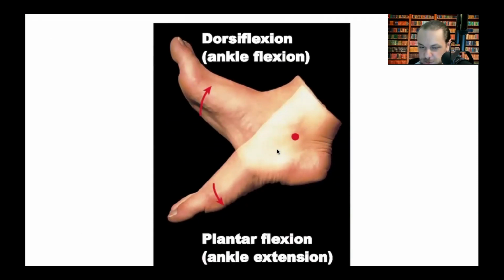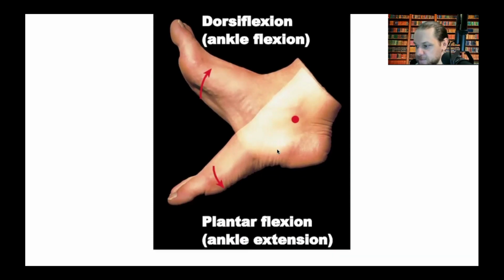Same thing, just to give you an example: dorsiflexion, and we have plantar flexion or ankle extension. We usually assess this. If a person has any type of musculoskeletal injury or they sprain their ankle, I want to check for movement, and I want to see if that causes any pain.